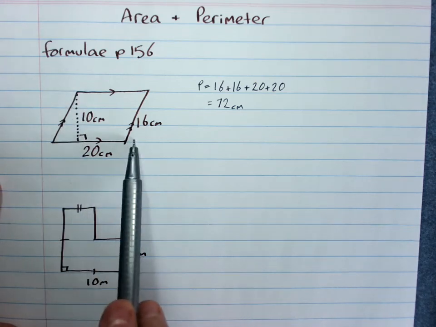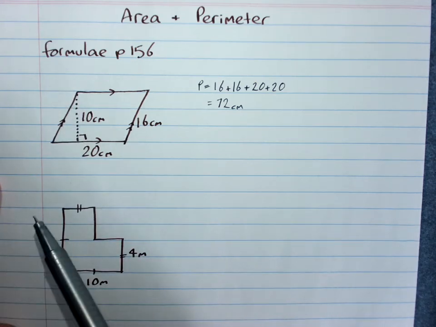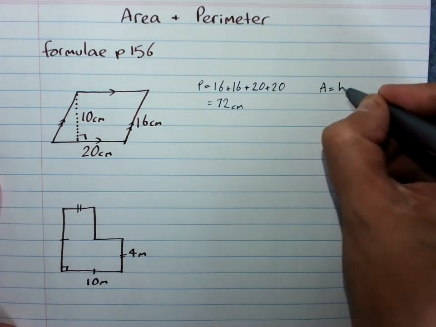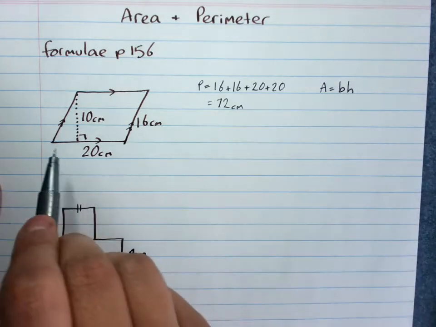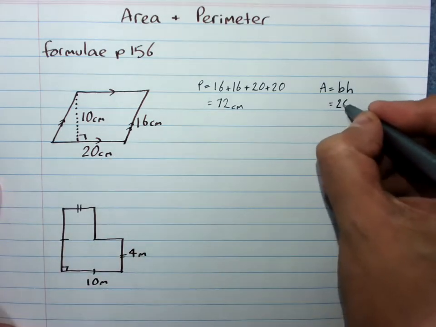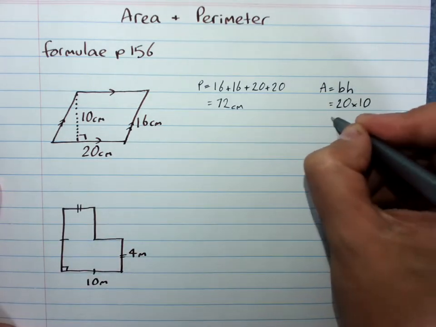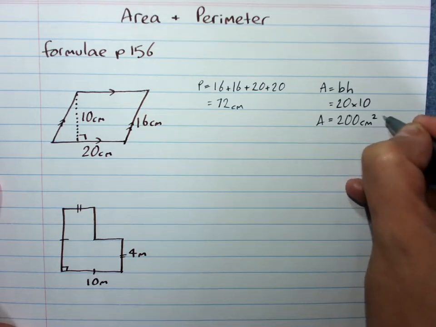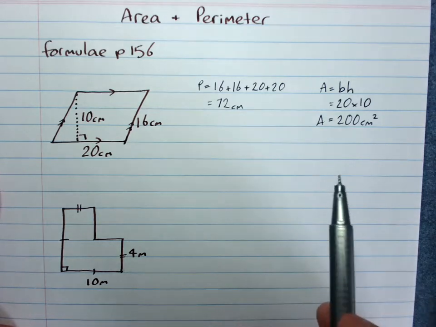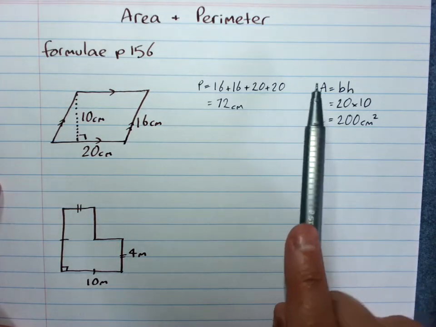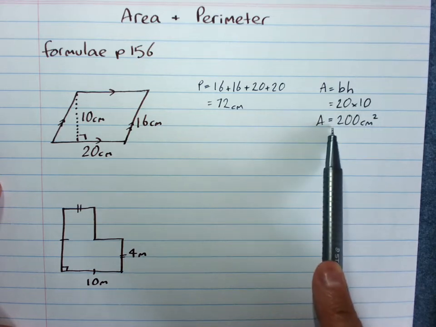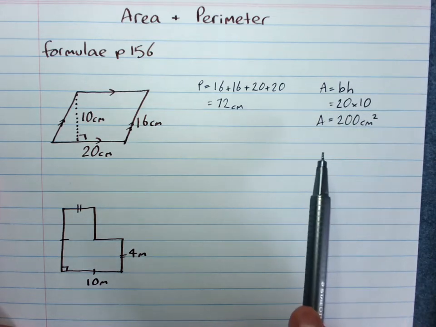So 10 and 20, this is a parallelogram, so the area formula is base times height. The base is 20, the height is 10, so the area is 200, and we're in centimeters squared. So every area question, I'm going to need to see the formula, substitute your values, and the answer with units squared.